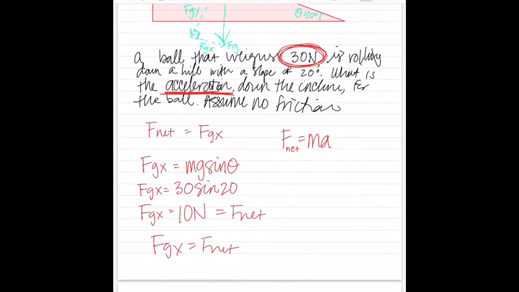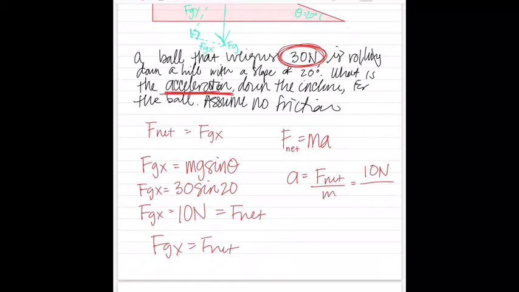And if we have the mass, which we kind of do because this is the weight and we could easily figure that out, then we can calculate acceleration. The formula for acceleration using F net is F net divided by mass. So we have F net already, so that's 10 newtons divided by mass.